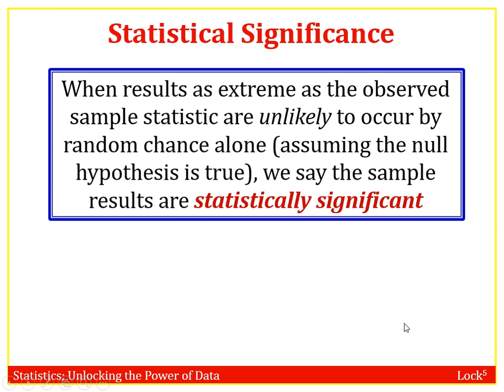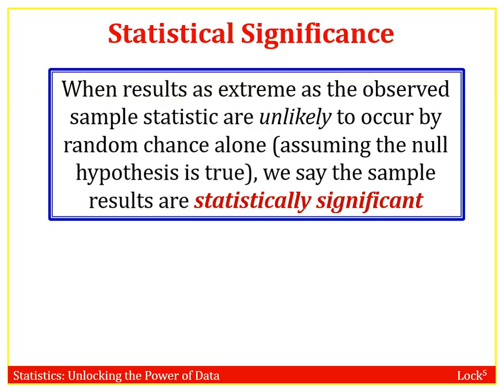Now, statistically significant, that's really what we're kind of hoping for, because that gives us evidence against our null hypothesis. Basically, if we find out that the likelihood or probability of getting the sample results that we did was so small, it's unlikely to occur.